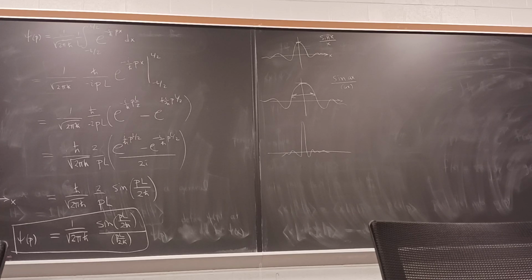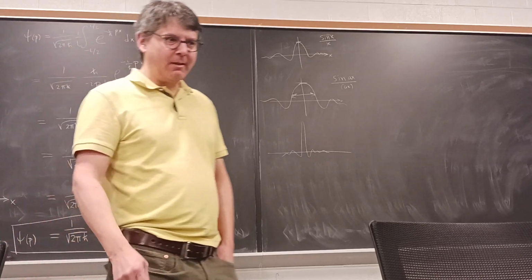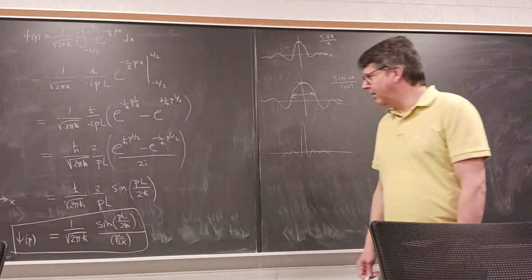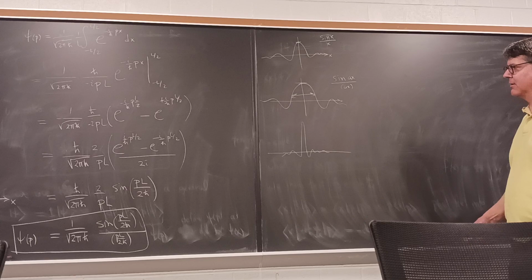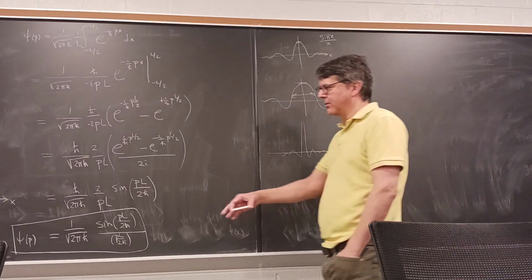Now, this is a square function, and what we'll do later, we'll do this with Gaussians. Is that what produces a wave packet? It's basically like an envelope. We're going to want to make a wave packet out of Gaussians, so we won't use square waves.